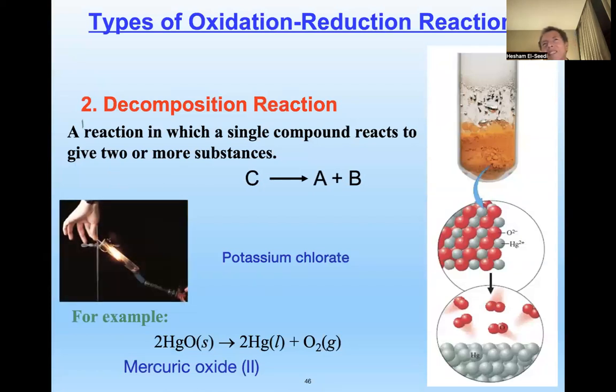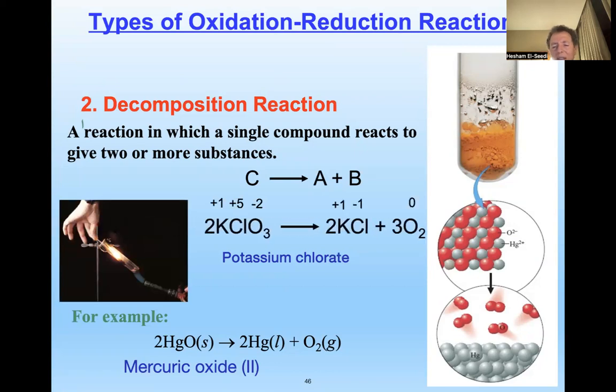What do you expect? It is the opposite way. C is a compound which is dissociated into A and B. Look at this example or this example for any of them. What you will see here is that this is a compound and it will give you, like potassium chlorate, for example, potassium chloride plus oxygen, right?